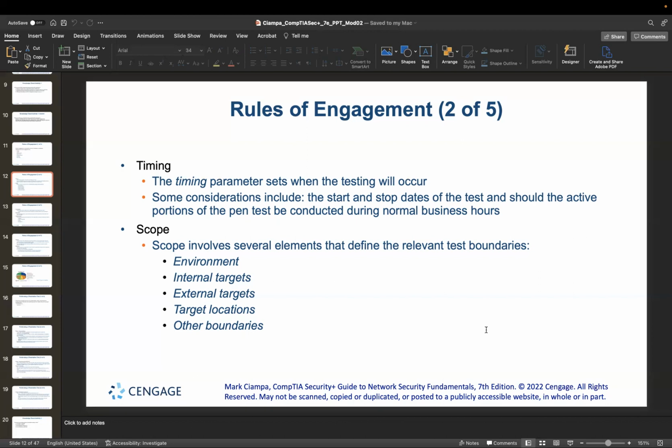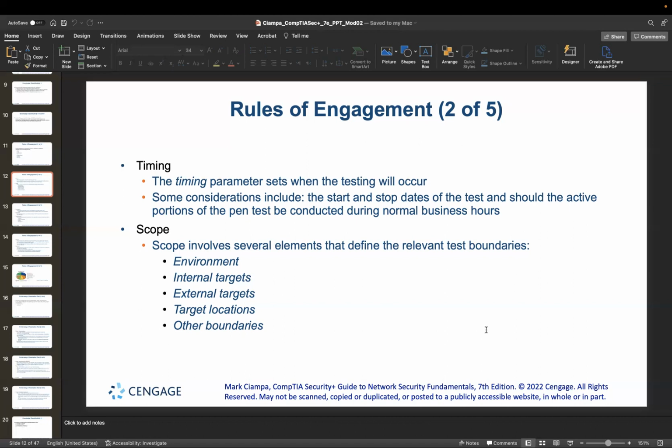So the scope: we want to define the boundaries of the environment, external and internal targets. What is the target, locations, and any kind of limitations like that. A lot of the time when they allow a pen test to happen, they don't involve their critical databases.